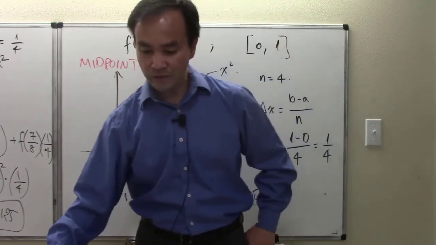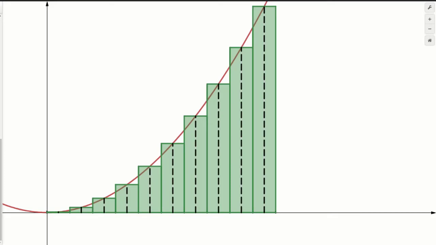According to the graphical illustration, the amount of white space has been squeezed out quite well. So we have much less, and the amount of green shaded area is a lot closer already to the actual area.